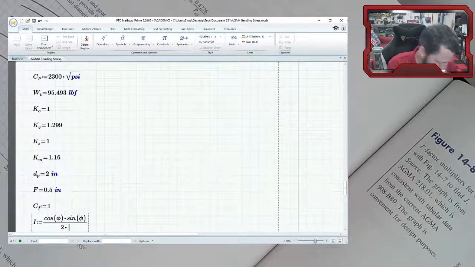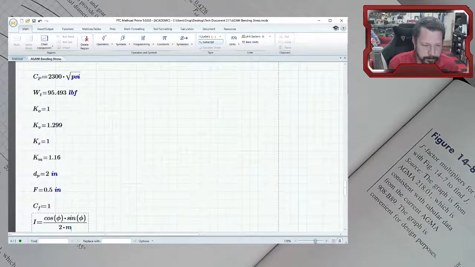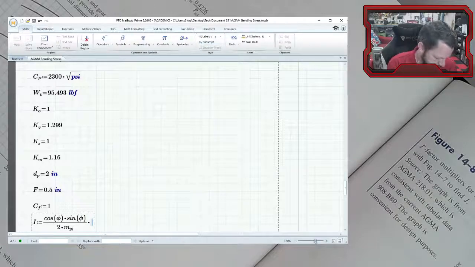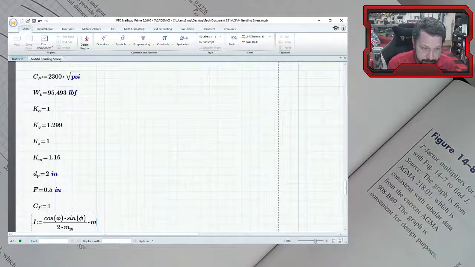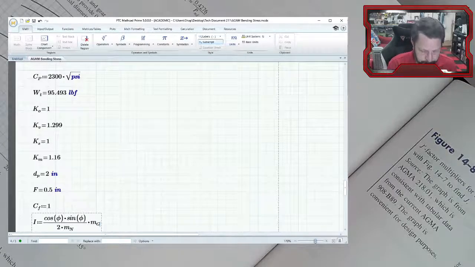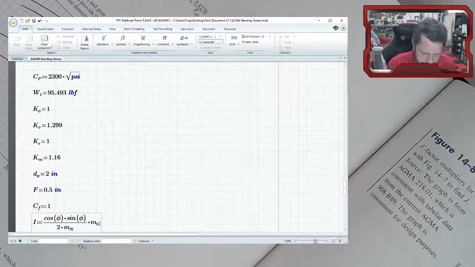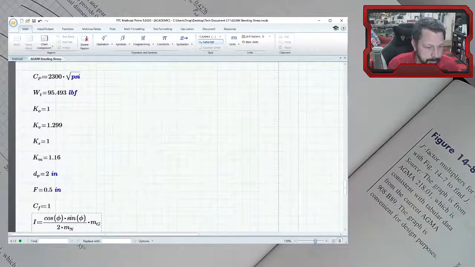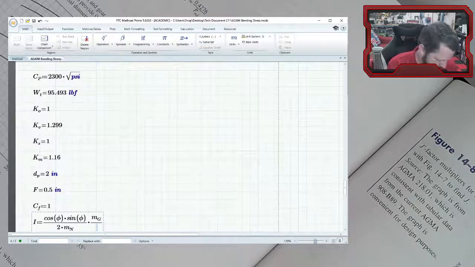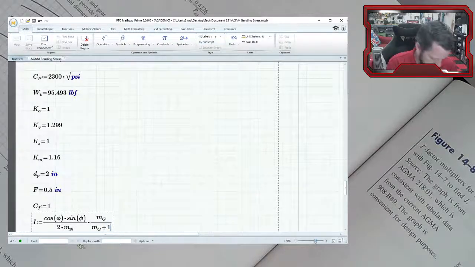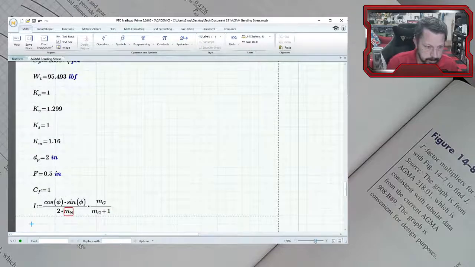MN, I'll go ahead and put MN in here, and then we'll have to define MN equals 1. Here, MG is the gear ratio, so I don't think I've defined that yet. We'll check and see. But it's just the number of teeth on the gear compared to the number of teeth on the pinion, or the diameters, whichever you have. I think we have both. Okay, I think that's it.